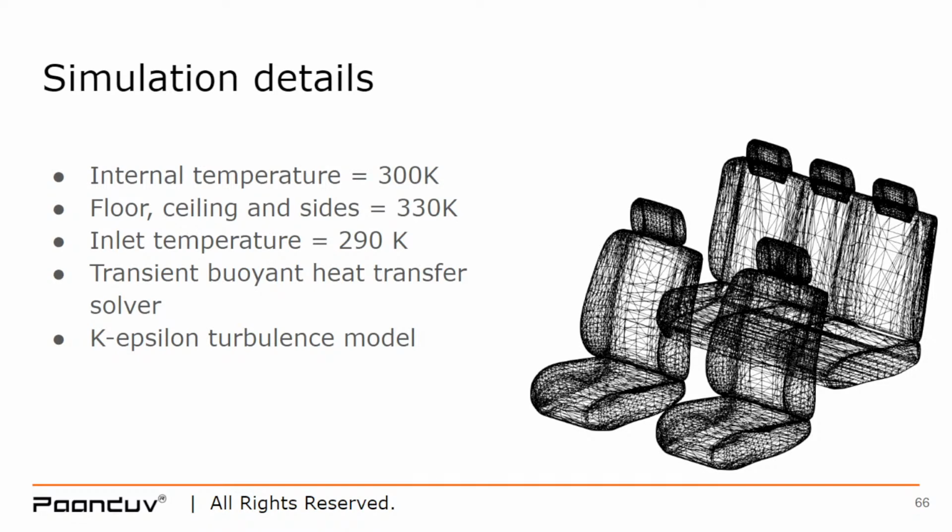Internal temperature was initially set to 300 Kelvin. Floor, ceiling, and sides were, however, set to 330 Kelvin. Inlet temperature, or the temperature of the air that was thrown at the seats, was 290 Kelvin, and a transient buoyant heat transfer solver was used along with a turbulence model.